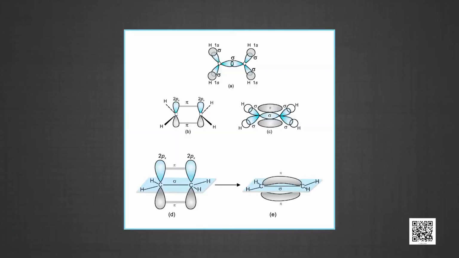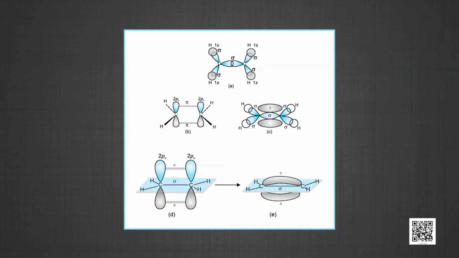sp2 hybridization in C2H4, that is the ethene molecule. In the formation of the ethene molecule, one of the sp2 hybrid orbitals of the carbon atom overlaps axially with the sp2 hybridized orbital of another carbon atom to form a C-C sigma bond, while the other two sp2 hybrid orbitals of each carbon atom are used for making sp2-s sigma bonds with two hydrogen atoms.